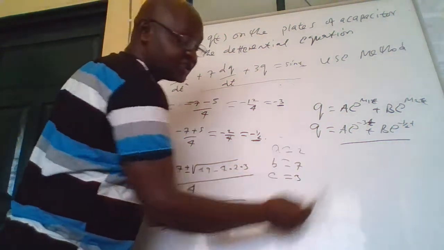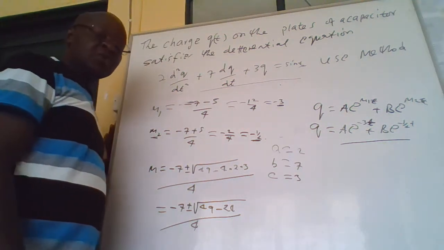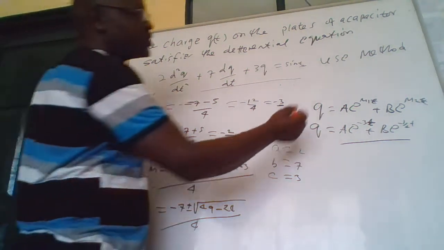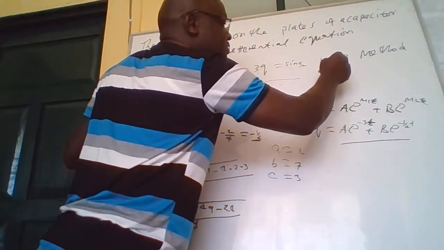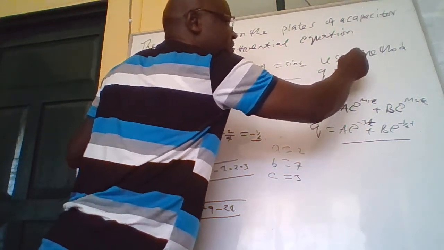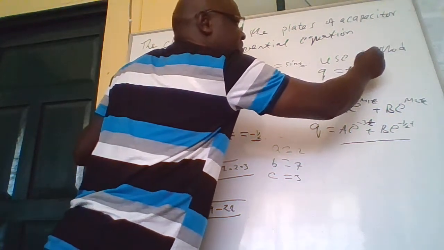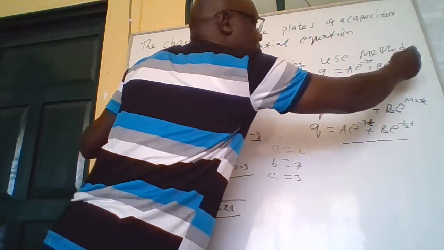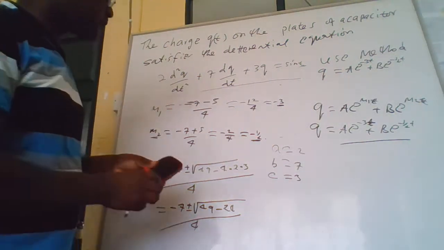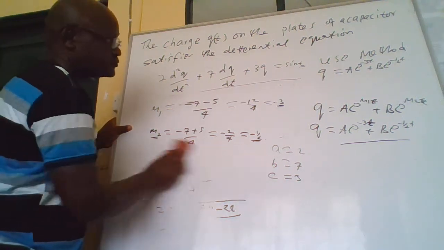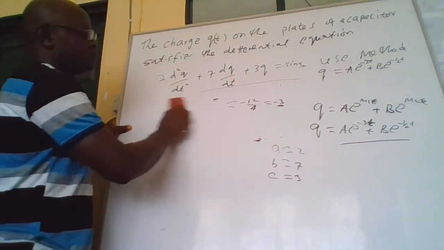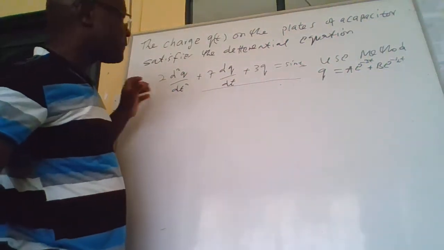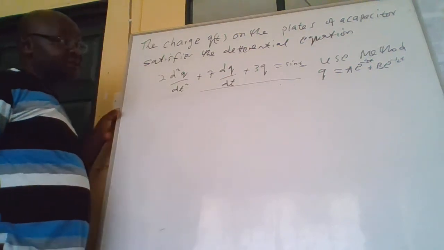So once we have the complementary function, Q(t) = A e^(-3t) + B e^(-t/2), we move on now to get the particular integral.